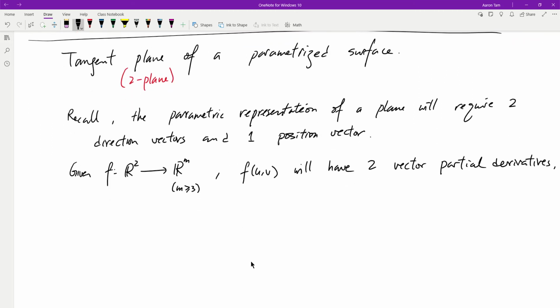Remember, they are basically standard tangent vectors for the coordinate curves.